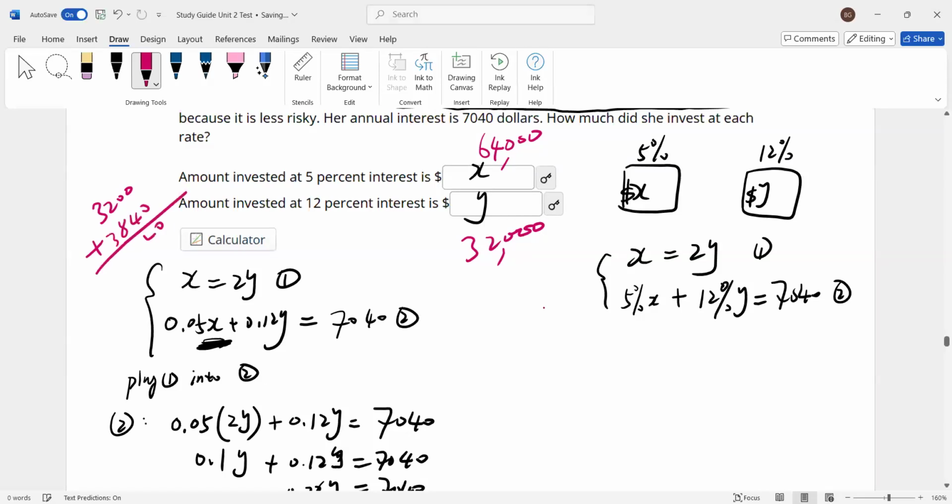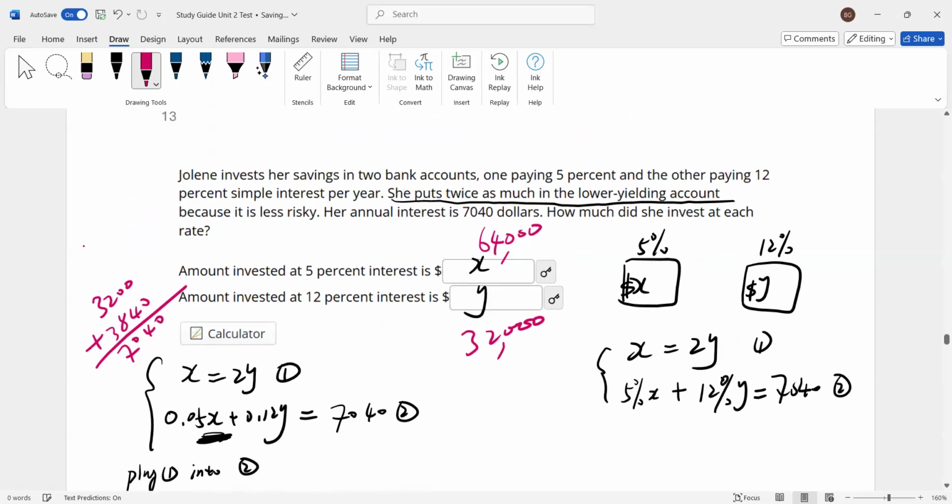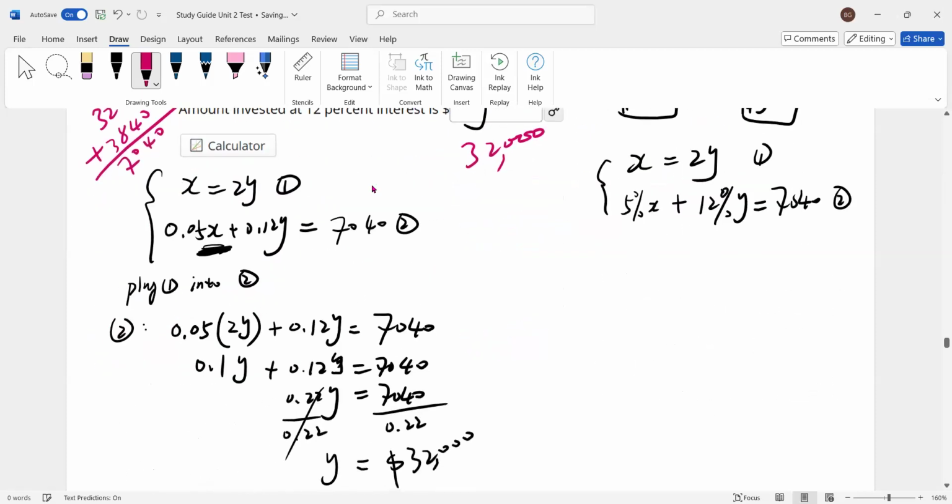Added together, 3,200 plus 3,840 is 7,040. What's the interest? 7040. Yeah, that matches. I double checked.